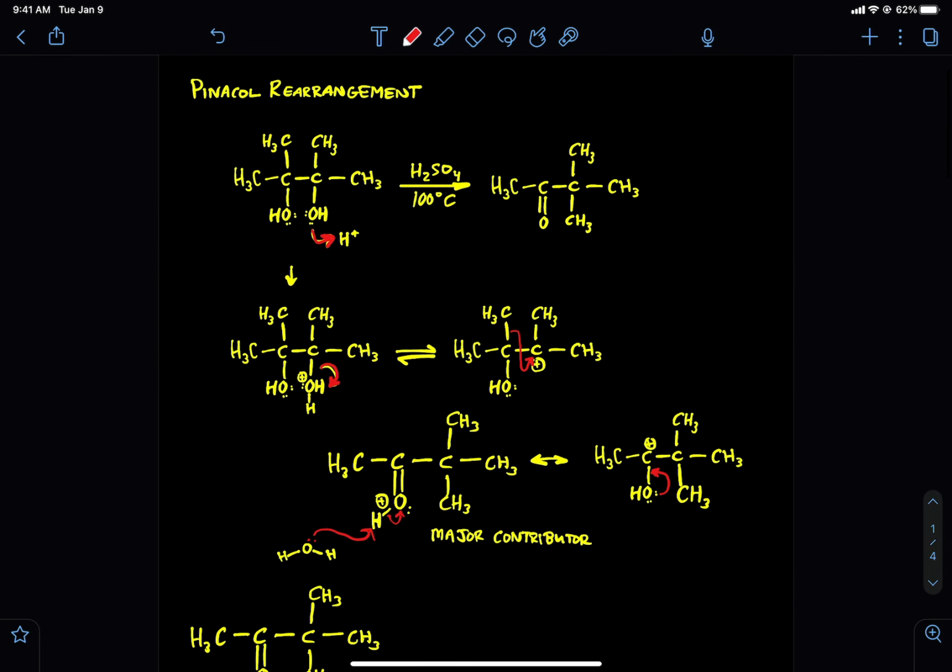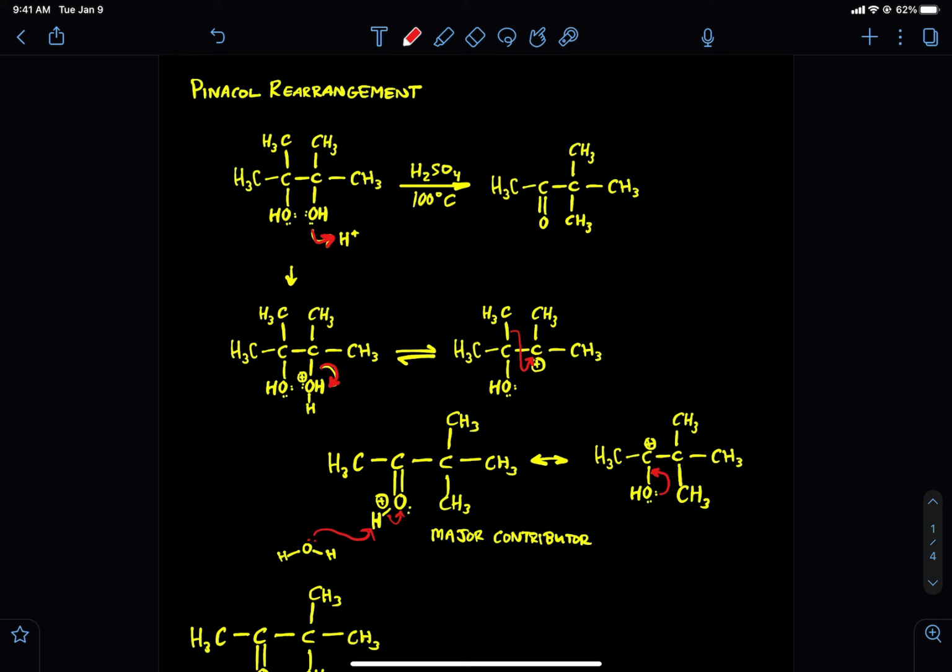First of all, Pinacol rearrangement is the conversion of a diol, a glycol, into a ketone or carbonyl and a quaternary carbon center. Okay.